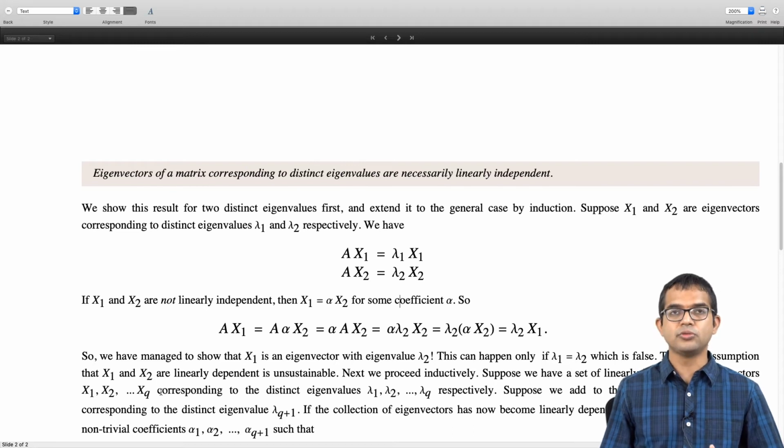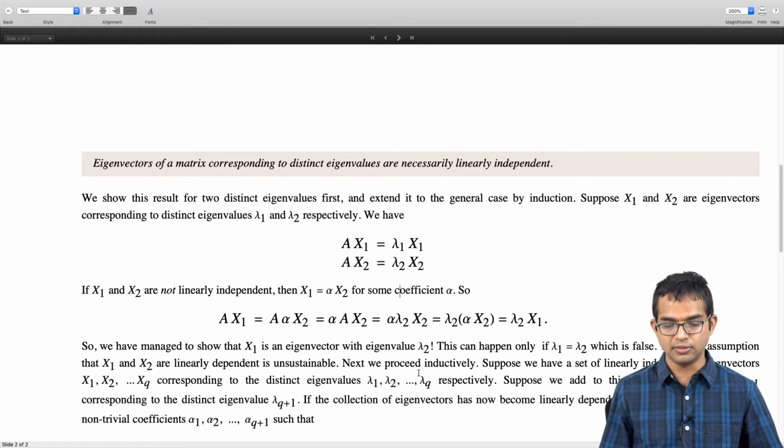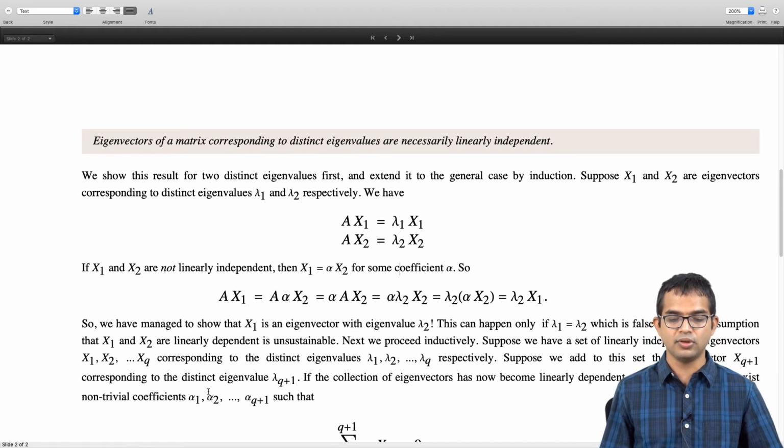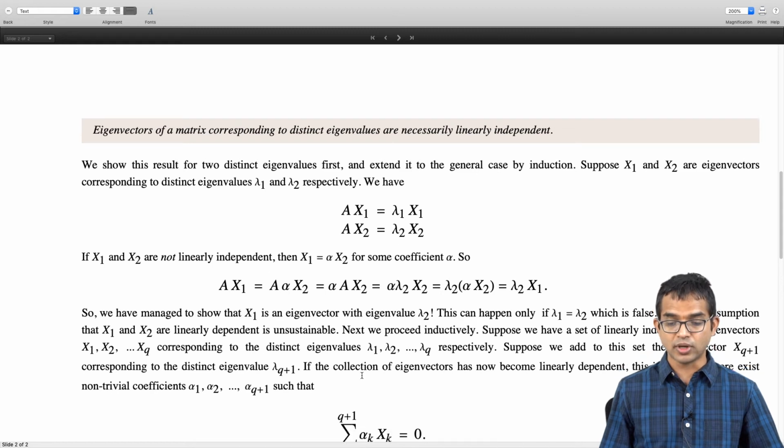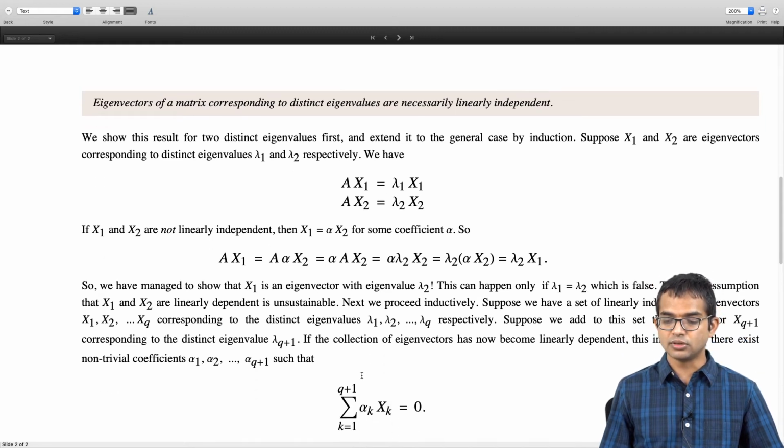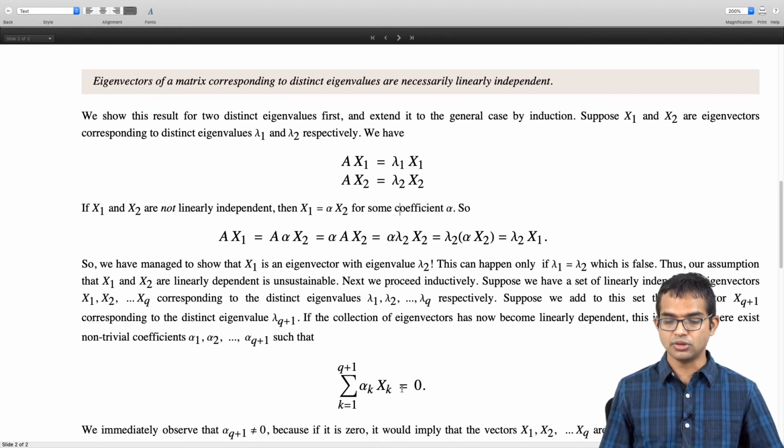To see this, suppose we make the assumption that the moment you add xq plus 1, the set is not linearly independent. So that means the set is linearly dependent. So we'll be able to find some non-trivial coefficients alpha 1, alpha 2 all the way up to alpha q plus 1 such that this relation holds: summation over alpha k times xk is equal to 0.